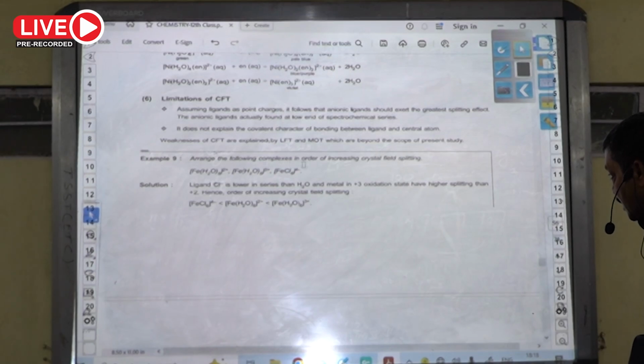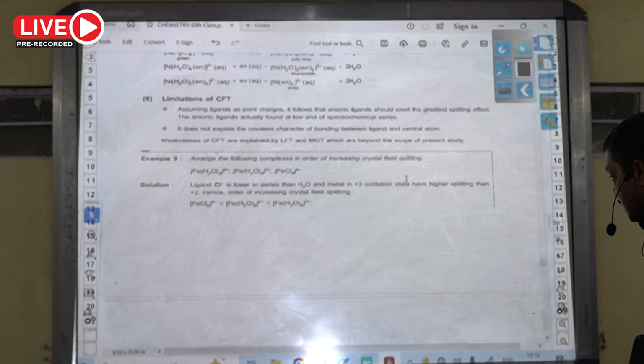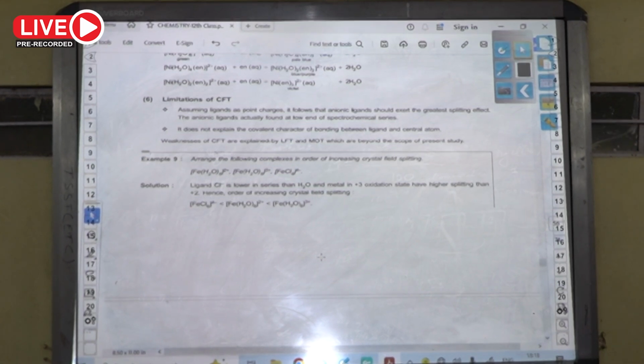Write this question. Arrange the following complexes in the order of increasing crystal field splitting.